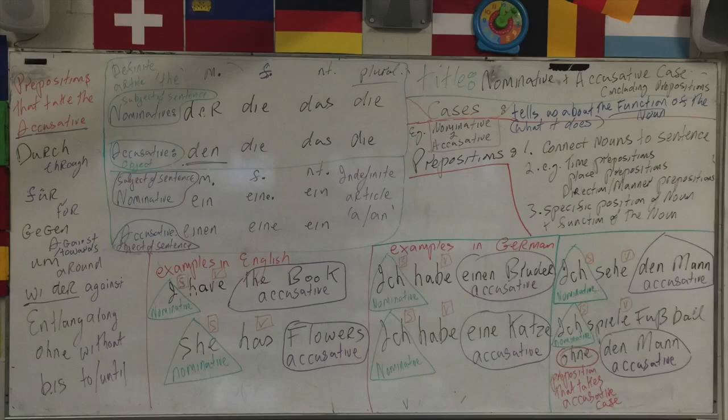Okay, so in German we know that there are 3 ways of saying the. So in English we have the brother, the sister, the child. But in German we have der Bruder, die Schwester, das Kind. Why does German have 3 ways of saying the and English has 1?